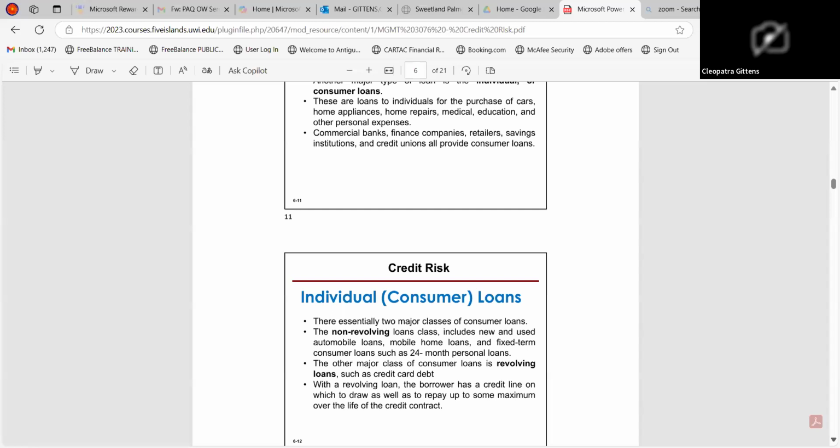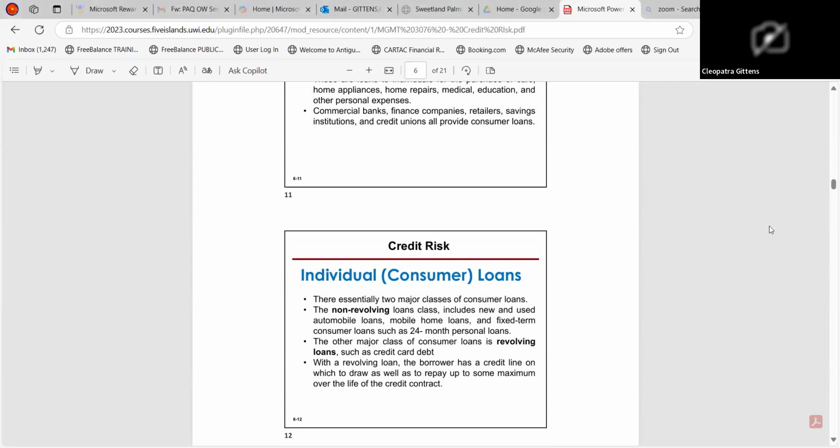Then you have what we refer to as revolving loans. You know it more as a credit card. Those are revolving loans. So the bank gives you, excuse me, a credit line, and you would pay back the bank over time. And of course, the bank is going to charge you interest on them.